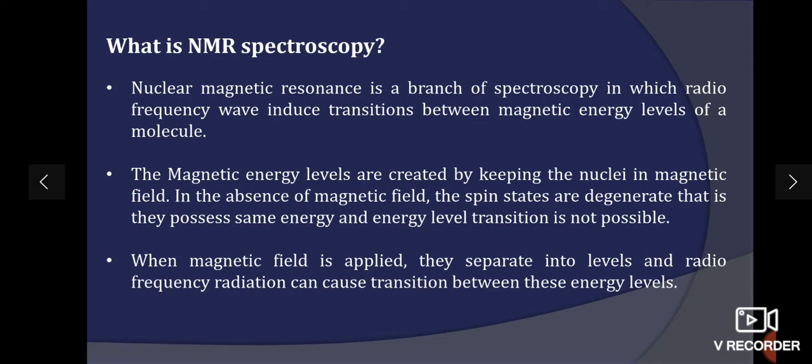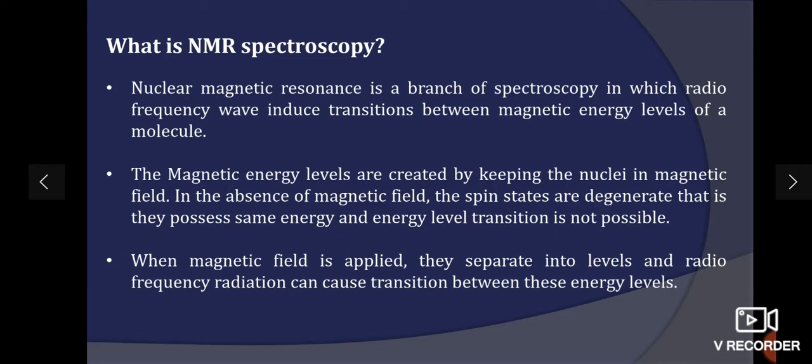When some atoms are placed in a strong magnetic field, their nuclei behave like tiny bar magnets, aligning themselves with the magnetic field. Electrons behave like this too, and for this reason both electrons and nuclei are said to possess spin.